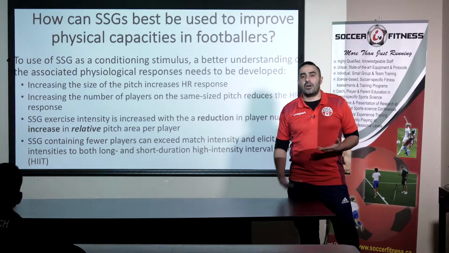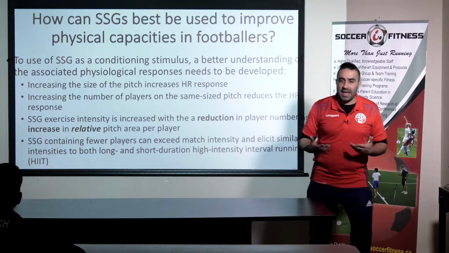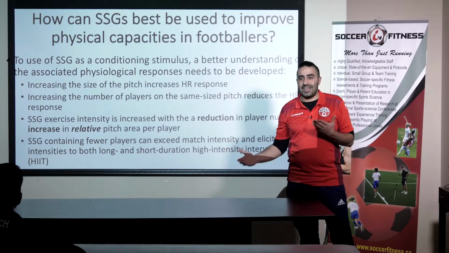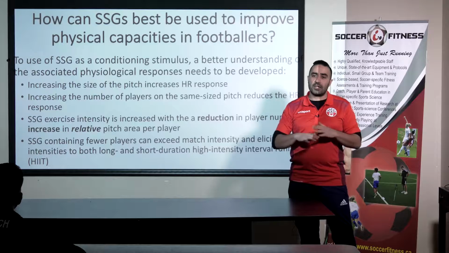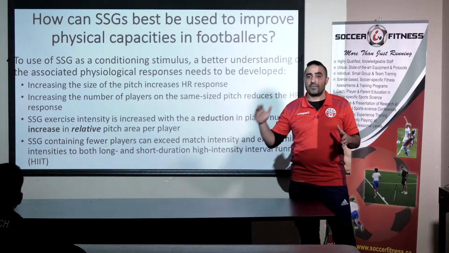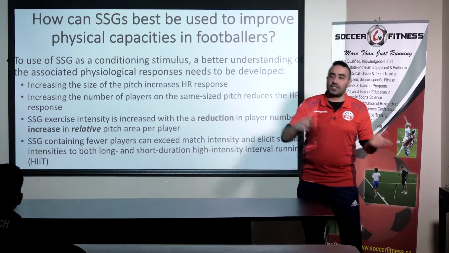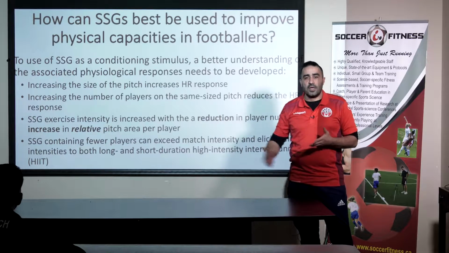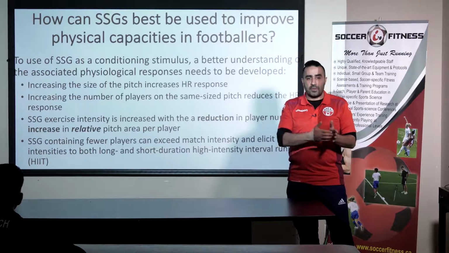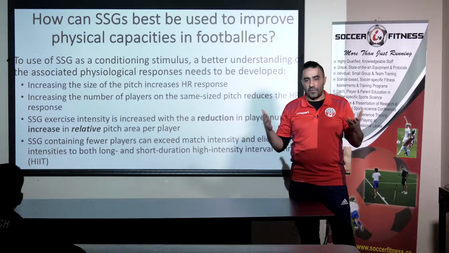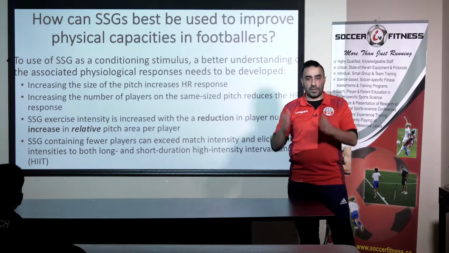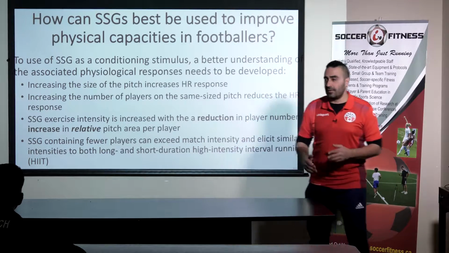The average heart rate in an elite football match is anywhere between 80 to 90%, always, regardless of level. So U12 girls versus essentially Real Madrid, the average heart rate goes anywhere from 80 to 90. Of course, there are then specific thresholds when you're comparing elite and levels of competition.